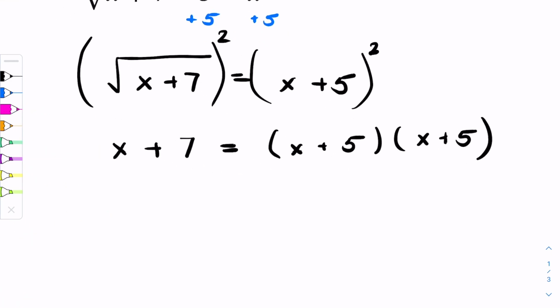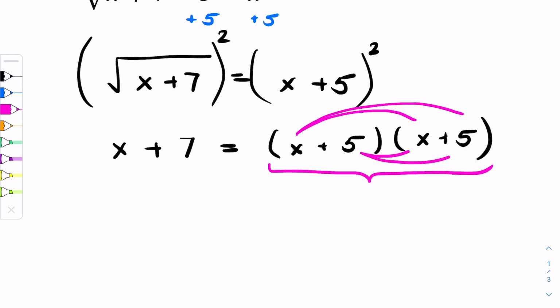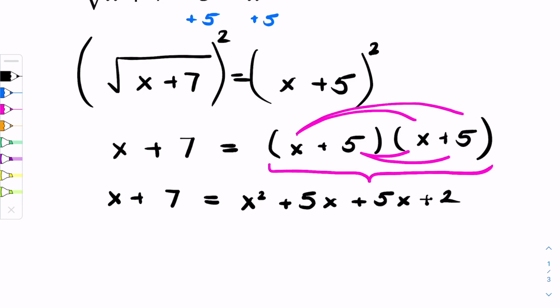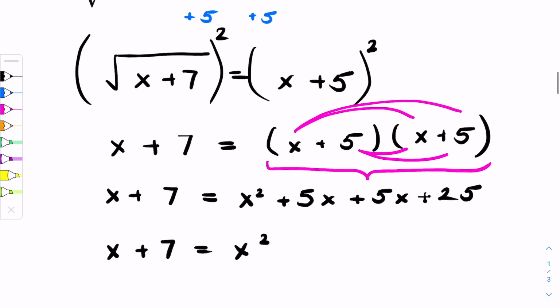When you are multiplying two terms together, you do have to distribute, so multiply all terms. x plus 7 equals x squared plus 5x plus 5x plus 25. x plus 7 is equal to x squared, 5x plus 5x is 10x, plus 25.